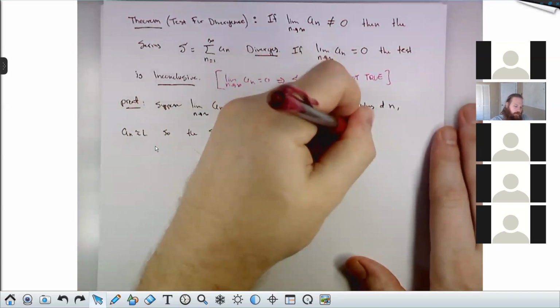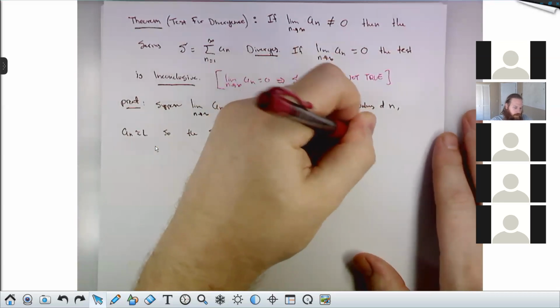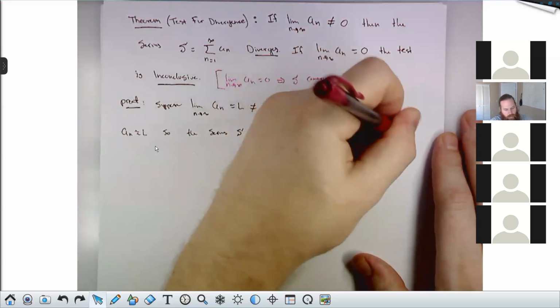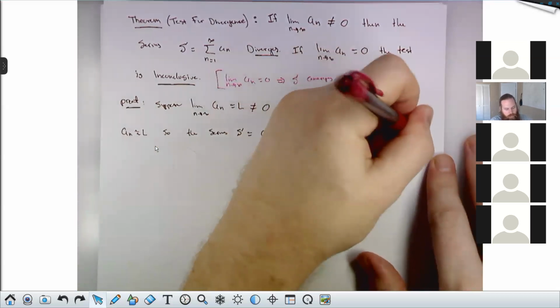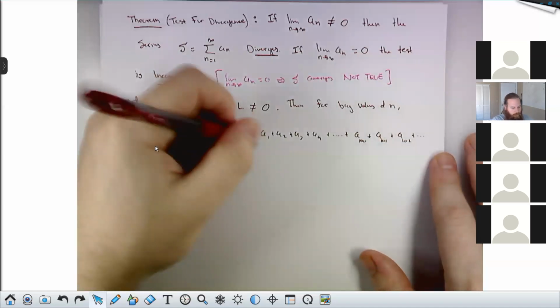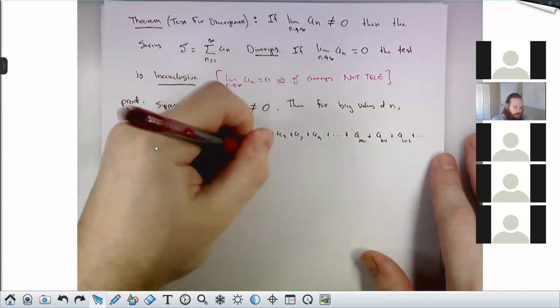And then you've got some big values like a_100 plus a_101 plus a_102 plus, and so on. These first few terms, I don't really care what they are.